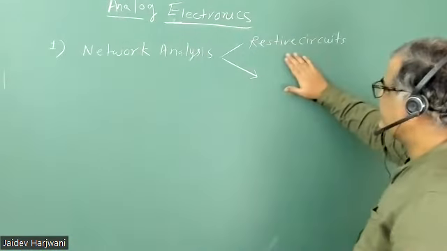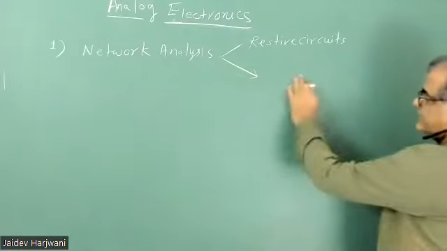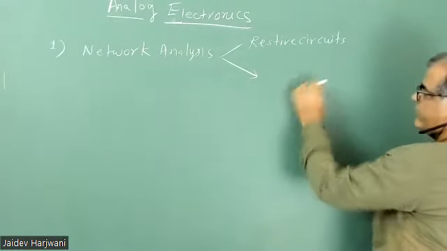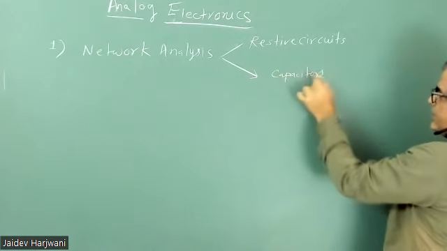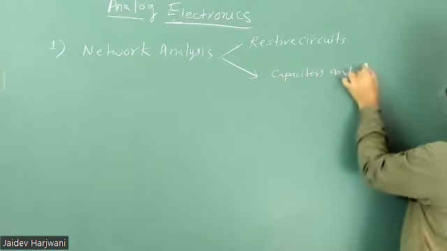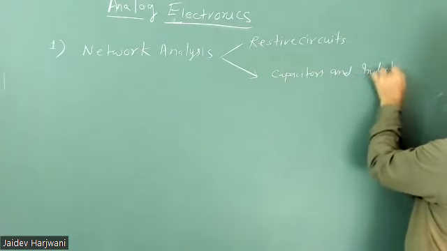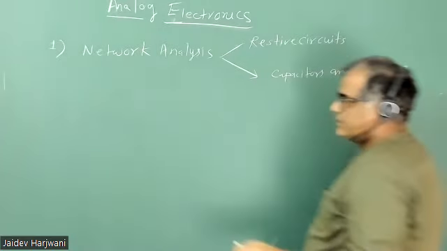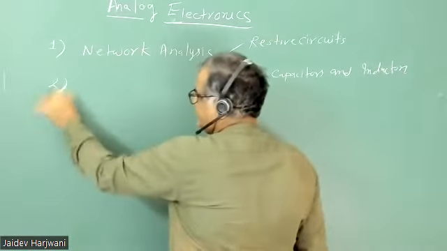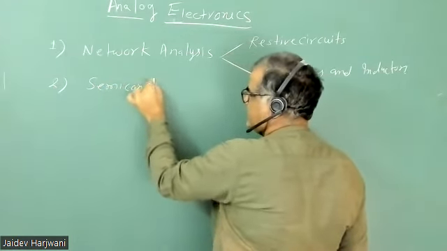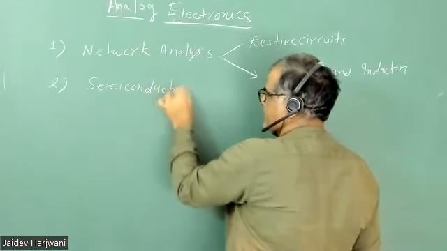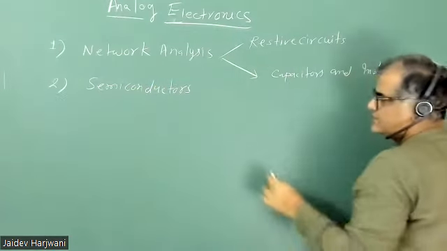So we have resistive circuits, and there will be circuits which involve capacitors and inductors. The second chapter will be on semiconductors. In semiconductors, I will discuss two things.